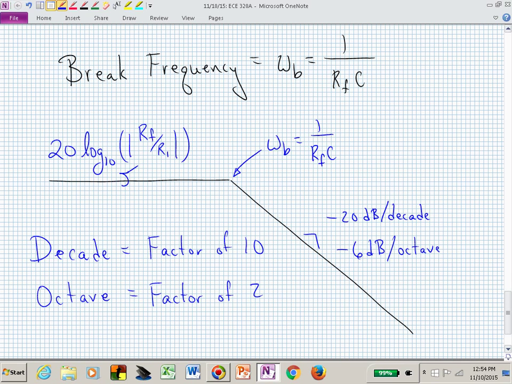In terms of frequency, where are we in terms of magnitude? Minus 6, minus 12, minus 18. We're now minus 18, and where were we at 30? A decade beyond 3, we were at minus 20.